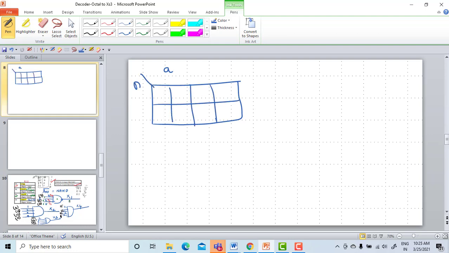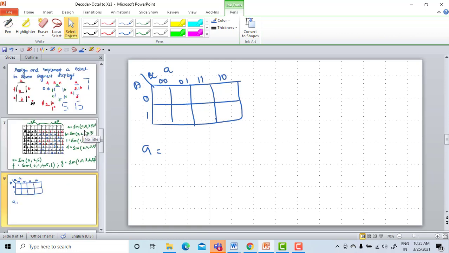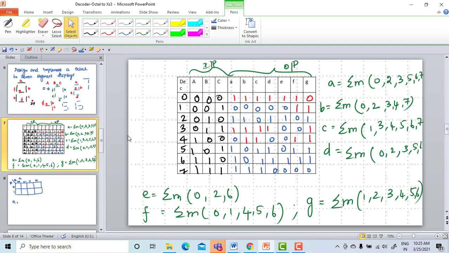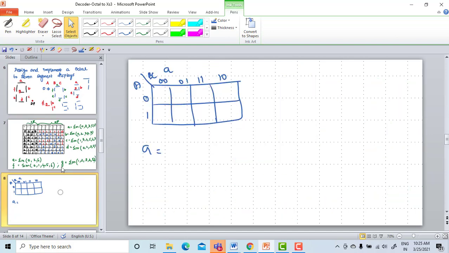The inputs are A, B and C. The output for segment A is 0, 1, 0, 0, 0, 1, 1, 1, 1, 0. Let me do it for only A and B. So 0, 2, 3, 5, 6, 7. This is for A.